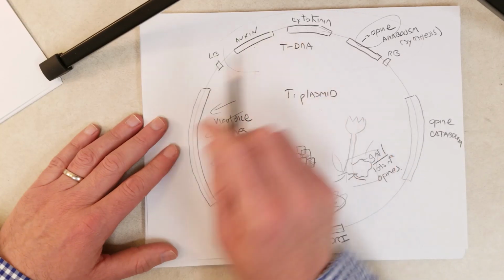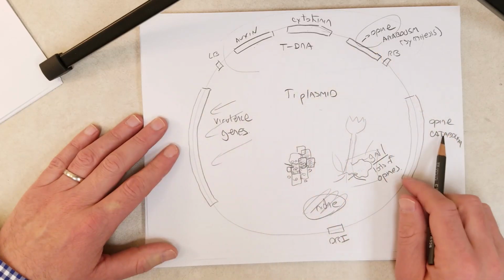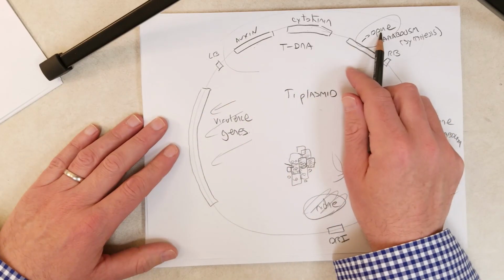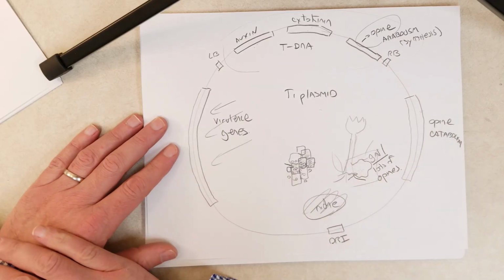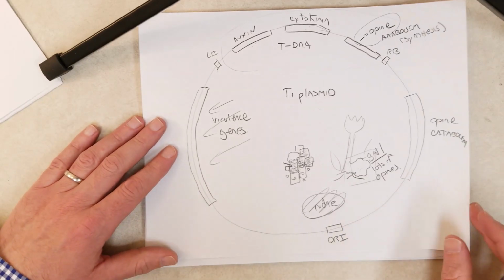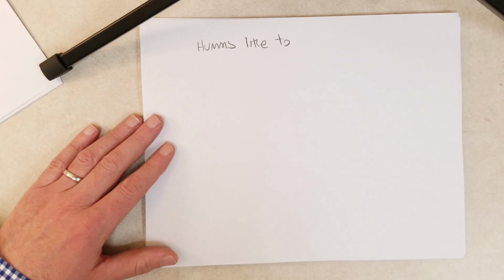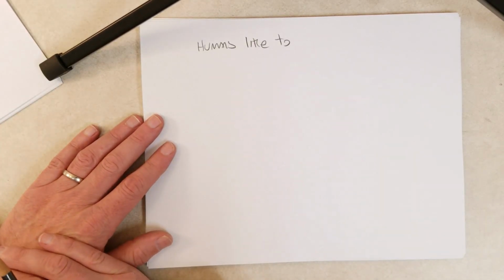What the auxin and cytokinin genes do, what the opine anabolism genes do, what the opine catabolism genes do, and of course origin of replication. We know what that's for, right? The plasmid wouldn't be replicated in Agrobacterium if it didn't have an origin of replication.